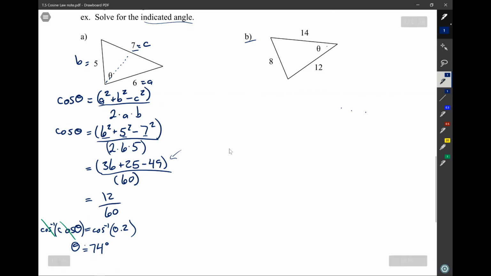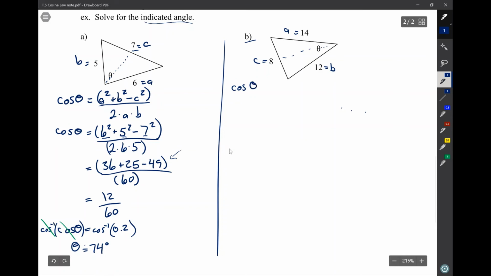So I know my theta. The first thing I need to do is label my C. That's opposite of my theta. And I can label A and B however I'd like. And my formula for an angle, my cosine law for an angle, is cosine of theta equals A squared plus B squared minus C squared, all divided by 2 times A times B. And then I can substitute in my known values.